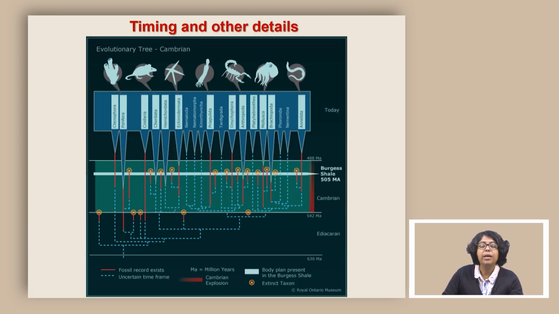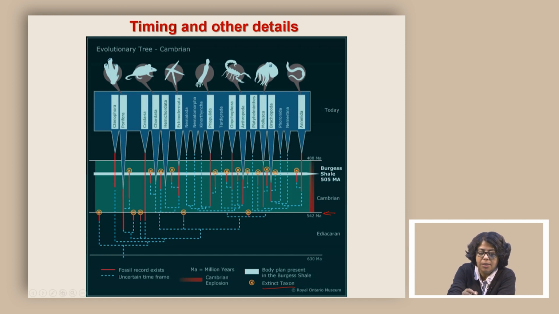Now, when we look at the organisms that appeared during Cambrian, we find an interesting pattern. So, this is the Cambrian boundary, and when we look at these groups, these are extinct taxa. So, any group from Ediacaran which shows this mark, it shows that they are an extinct group.